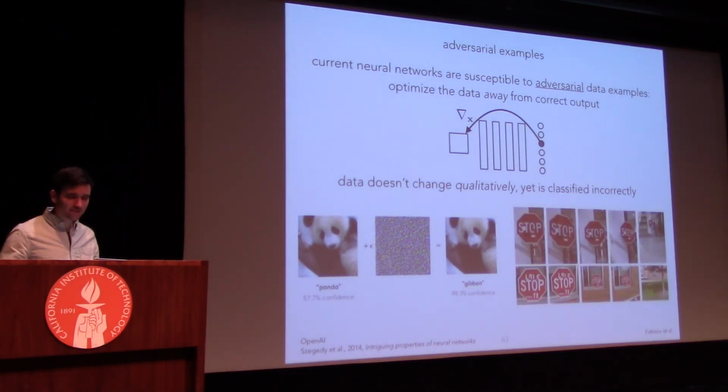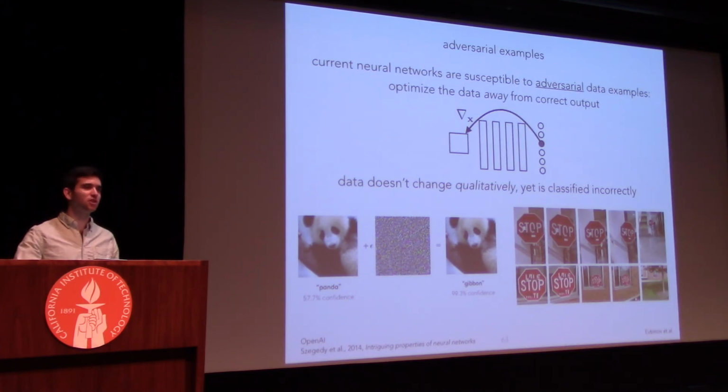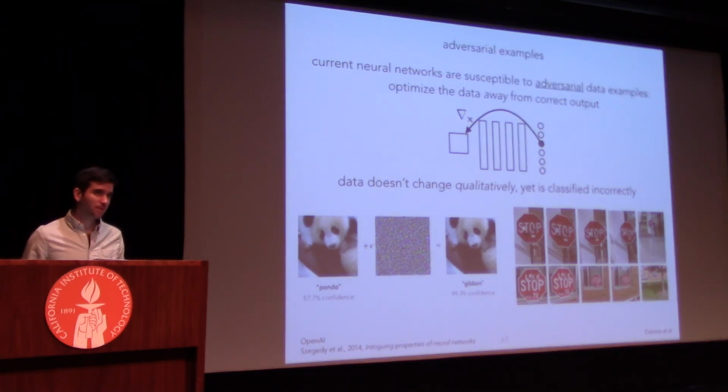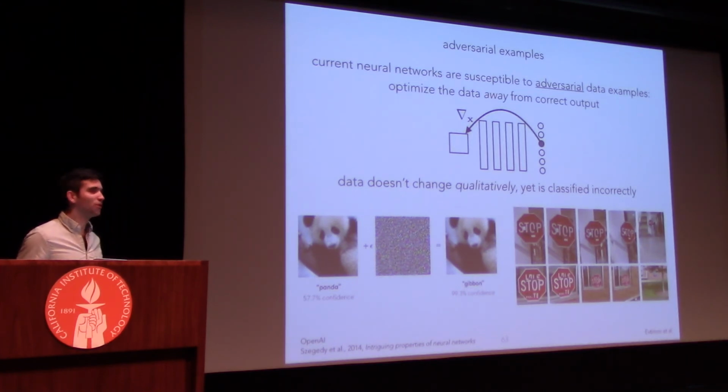And this can be done in the real world too, because these adversarial examples, for whatever reason, happen to generalize across different networks. So you can change stop signs and have them, to a computer vision algorithm, look like something that's not a stop sign. A lot of people are worried that this is going to totally mess up self-driving cars, but I think it's not such an issue, and hopefully we'll figure it out soon.